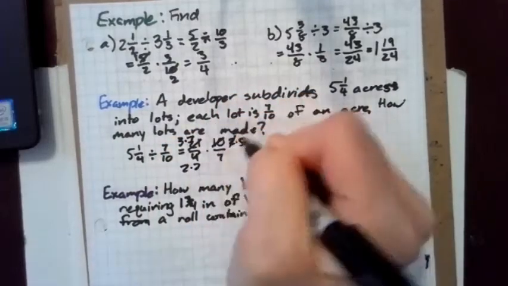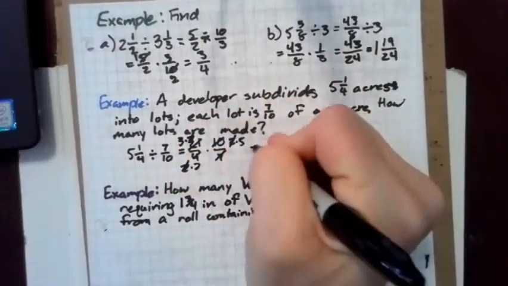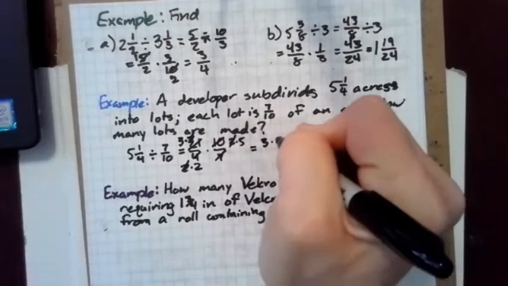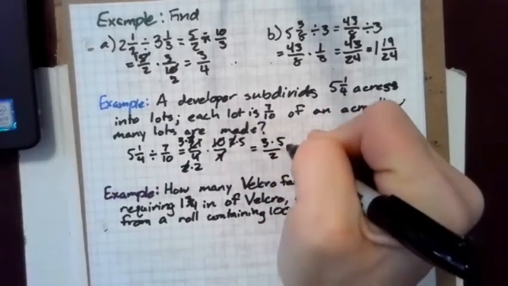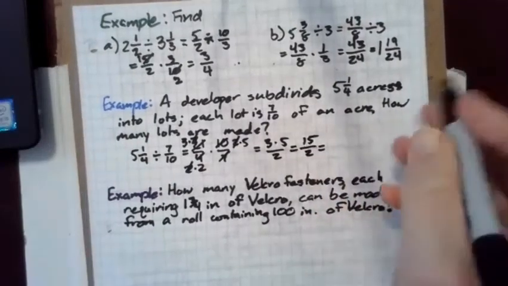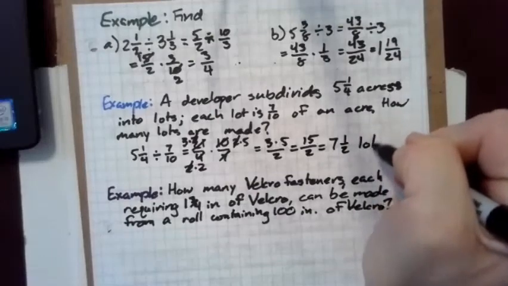So we can cancel our 2 here and our 7 there. So we're left with 3 times 5 over 2. It's 15 over 2, which as a mixed number is 7 1/2 lots.